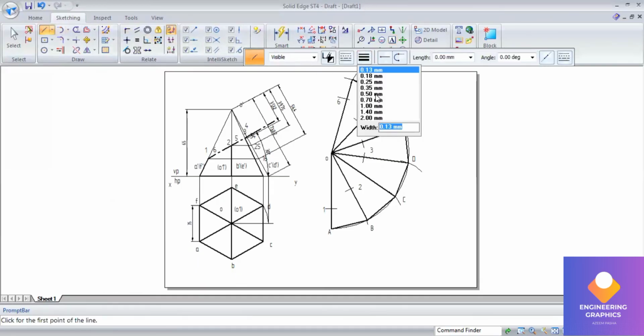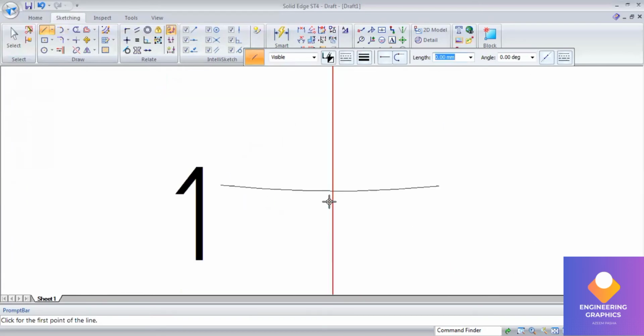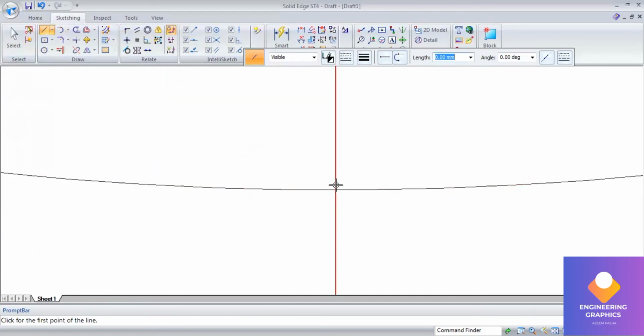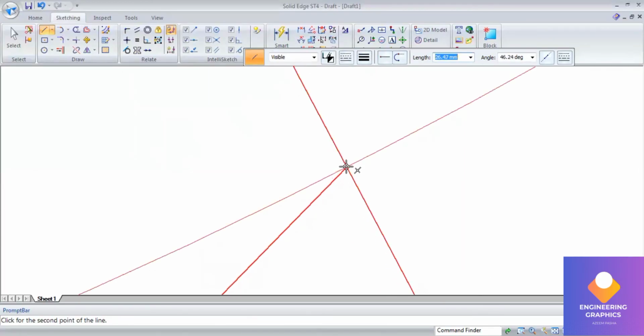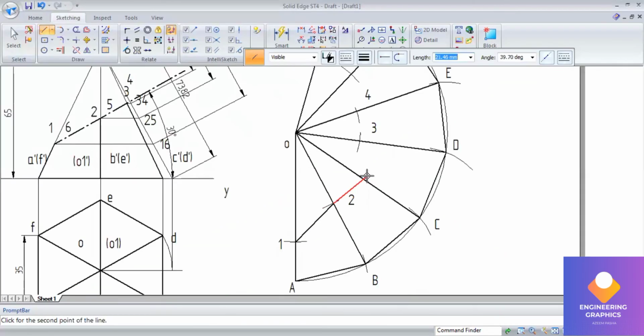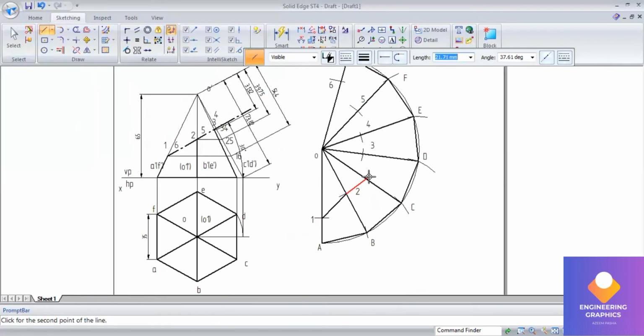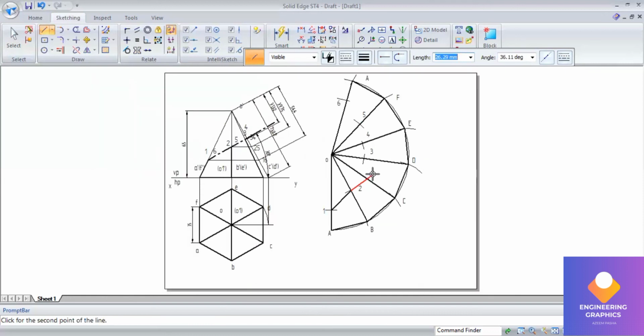I think I made a mistake here. Actually on A we have to get point number 1 here. On F we have to get point number 6. Okay, we'll correct it. So there is a mistake that happened here. I will delete those numbers again, and rewrite them with the arc points.